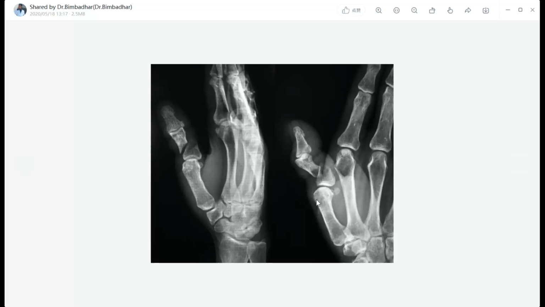When the thumb is coming down onto my medial side and it is present on my left side, which means obviously I'm looking at the left hand. Yes or no? Sorry, I'm looking at the right hand. Yes, the thumb is present on my left side, which means I'm looking at my right hand.